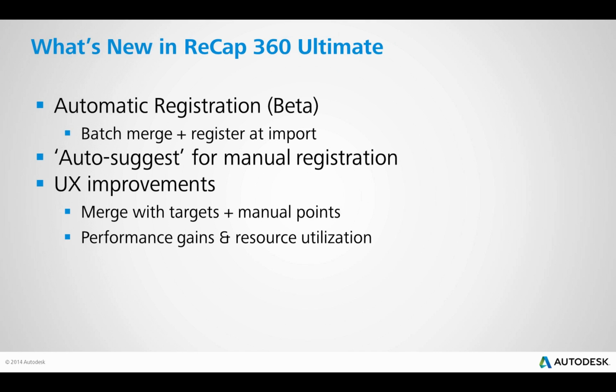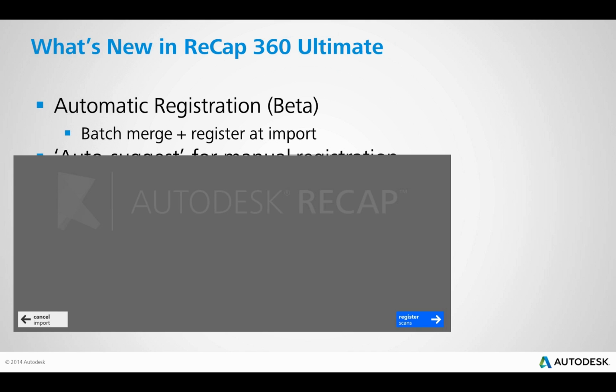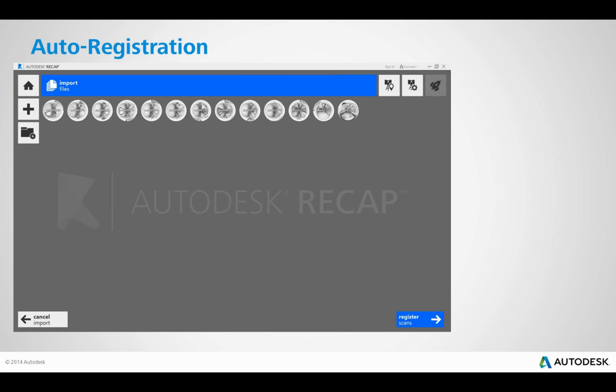I'm also going to mention the auto suggest, which is more for manual registration, but it's kind of a modification or variation of the automatic registration in the two-pane manual registration mode, and I'll show that. And then there are also some UX improvements, for example in the three-click registration some of you may be familiar with. We now have the capability of using targets for correspondences there, so any combination of targets and points.